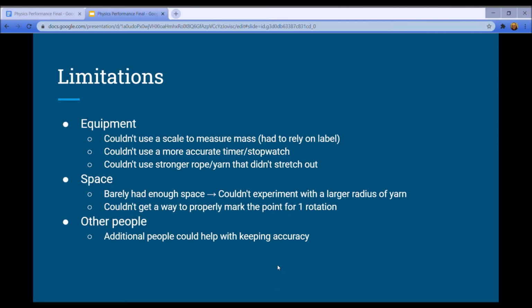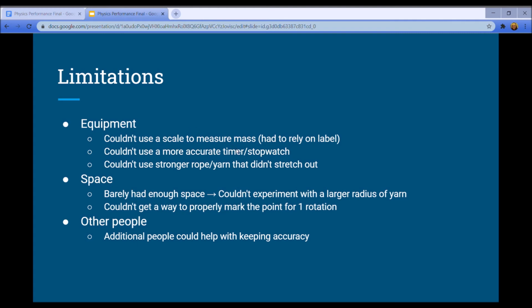Now, the limitations of this, since I was stuck at home doing this lab. For one, the biggest problem I had was the equipment, because I wasn't able to use a scale to measure the mass of the objects. I had to rely on the labels, since they gave a mass in grams.